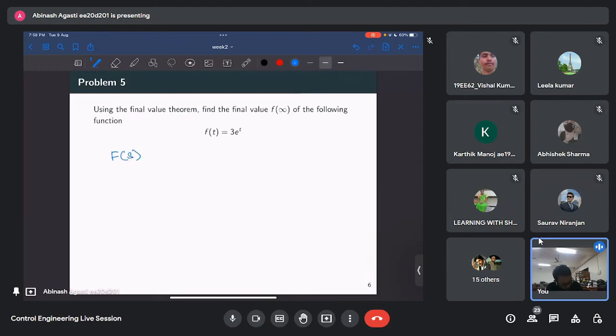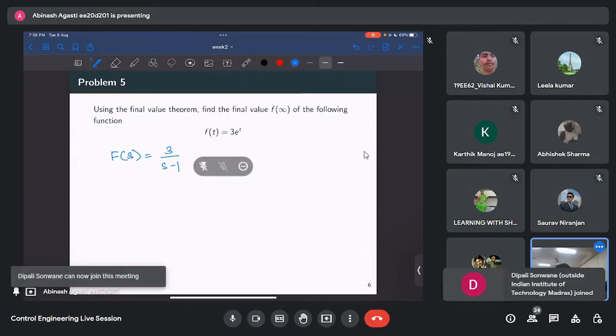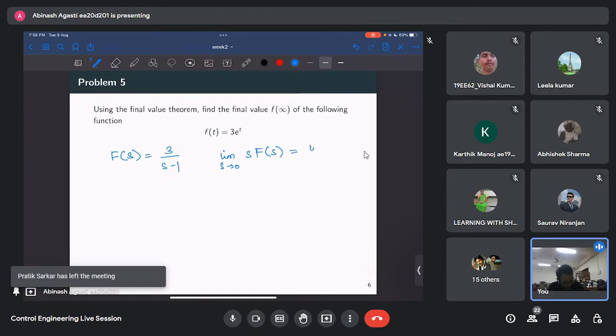we have F of s equal to 3 by s minus 1. So limit s goes to 0, s into F of s is limit s goes to 0, s into 3 by s minus 1.